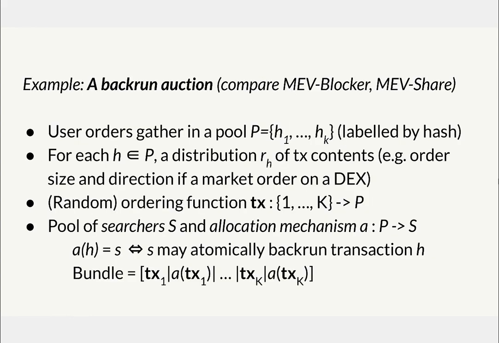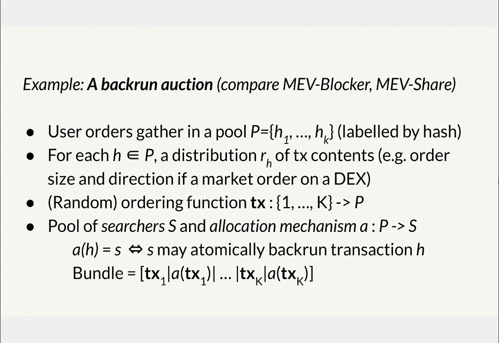So I'm going to talk about a model for a type of queue called a backrun auction, which abstracts and generalizes two systems which are in deployment today. That's CoW Protocol's MEV Blocker and Flashbots' MEV-Share. In such systems, user orders gather in a pool, let's label them, say, by a hash.